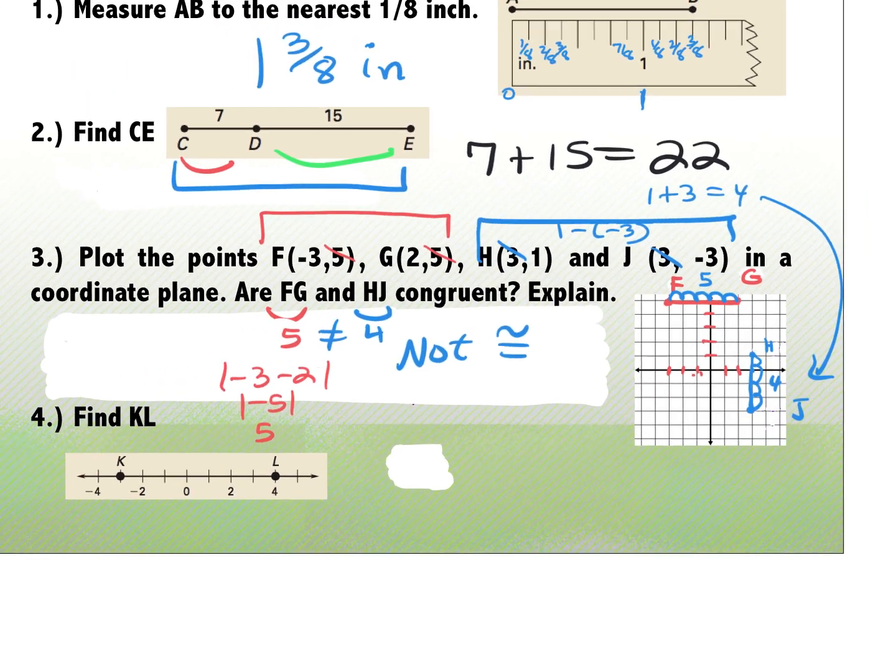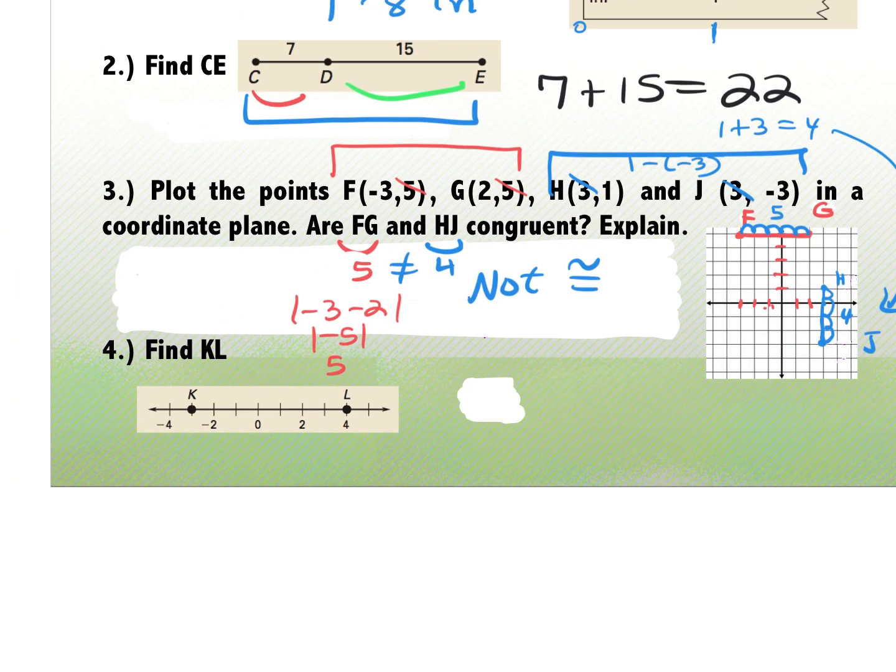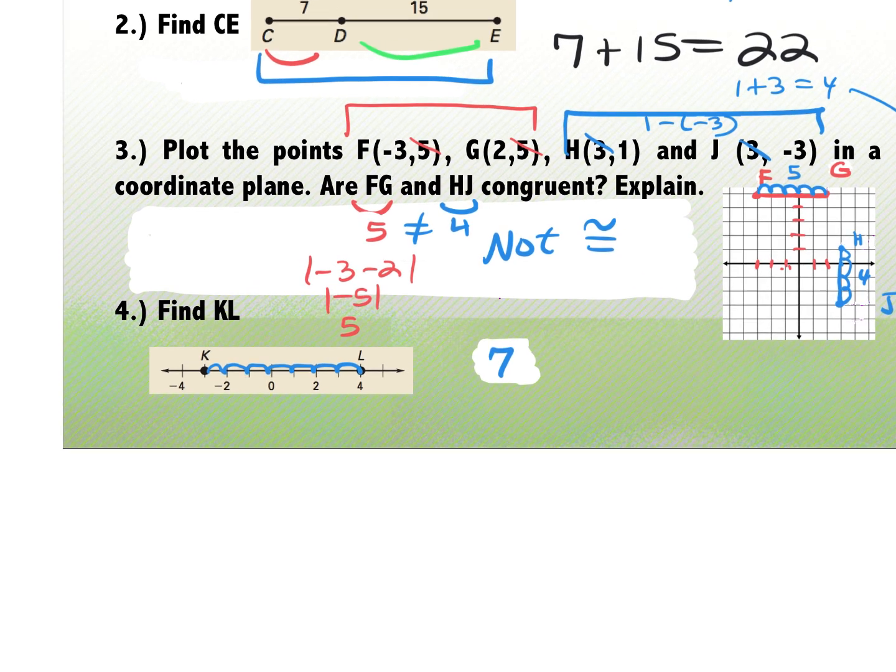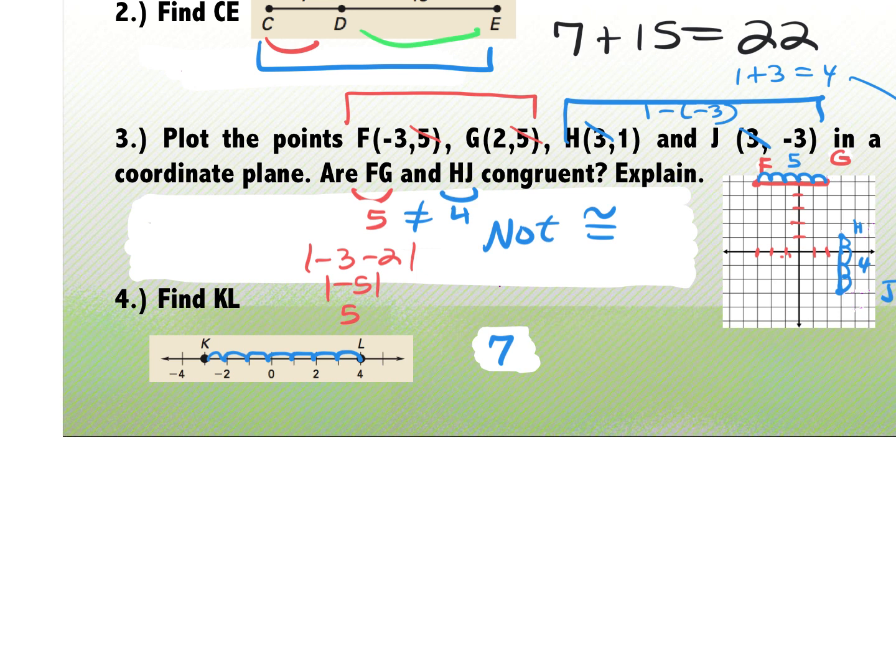For the next one, it wants us to find the length of KL. If it is graphed on a number line for you like this, you could count the little gaps and figure out how long it is. So 1, 2, 3, 4, 5, 6, 7. So KL has a length of 7. Again, you could also take the coordinates.